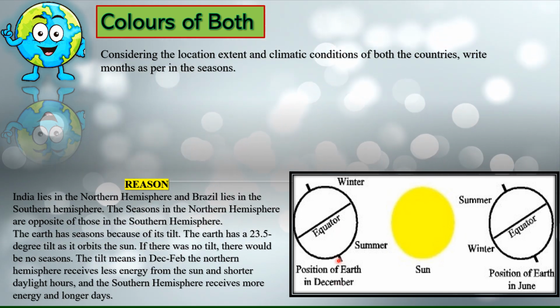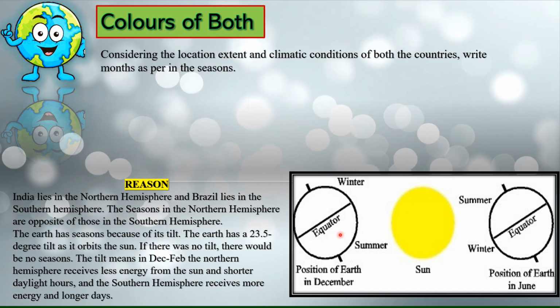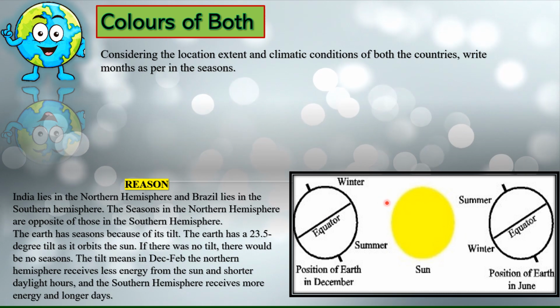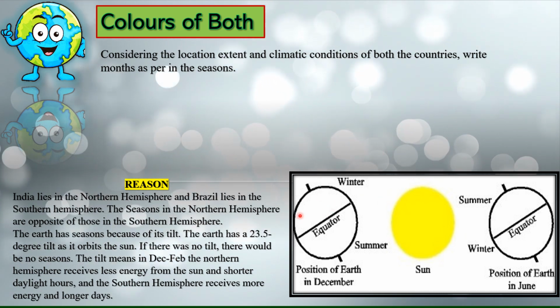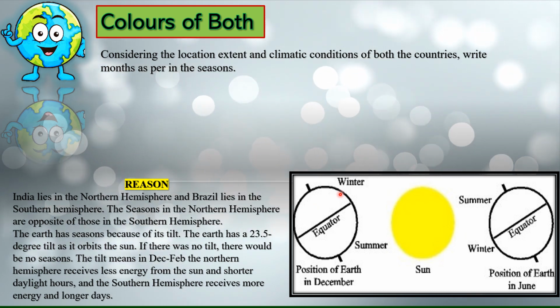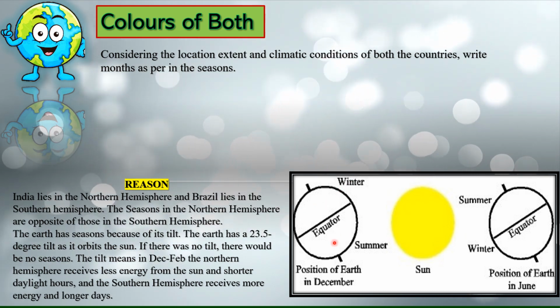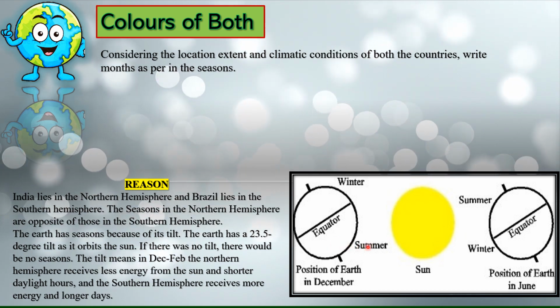Now in December, the southern part is closer to the sun, it receives direct sunlight, and the northern hemisphere is away from the sun. So the northern hemisphere, since it's away from the sun, has winter season, and the southern hemisphere experiences summer season.